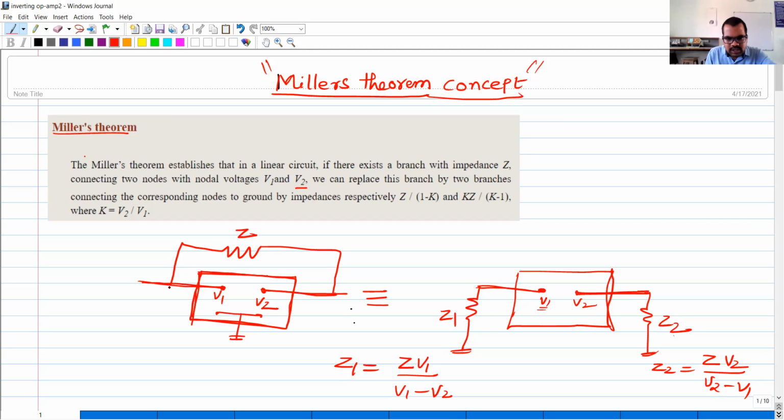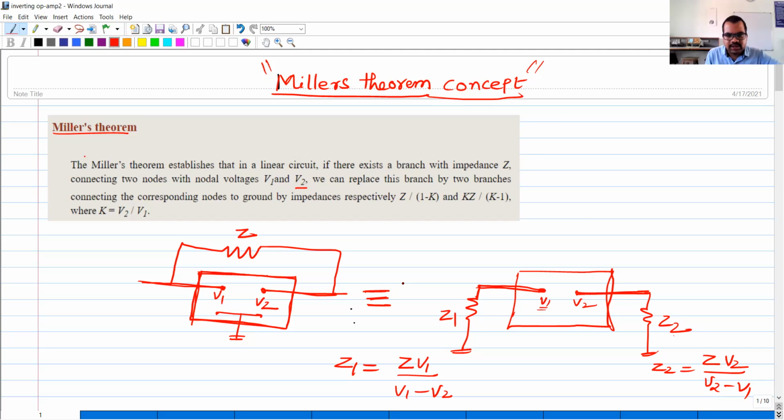These two terminals are connected by an impedance Z. This circuit can be replaced by terminal V1 connected to impedance Z1 and terminal V2 connected to impedance Z2. This operation is called Miller's theorem.